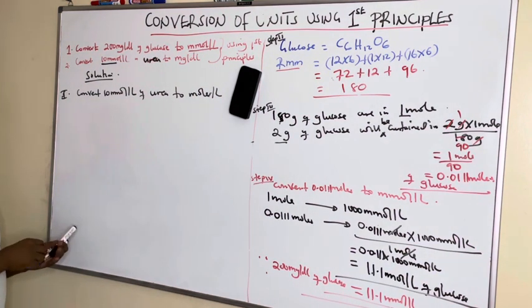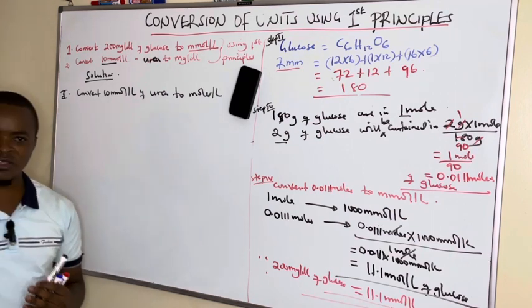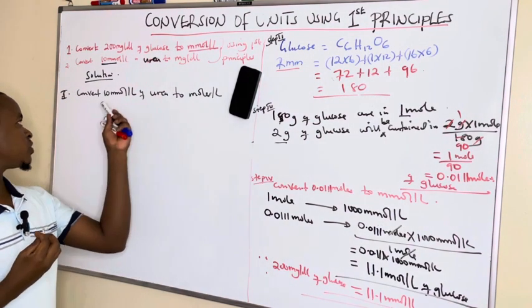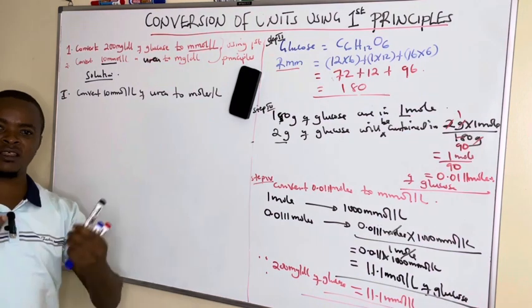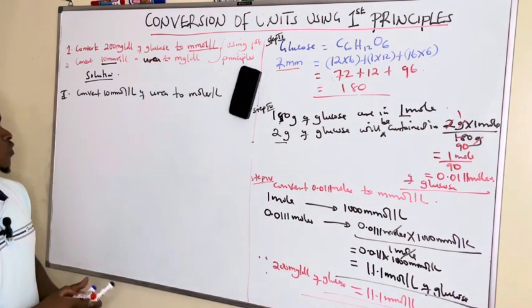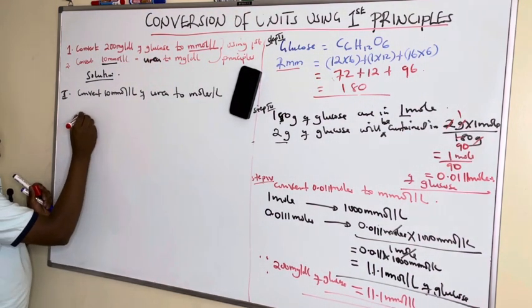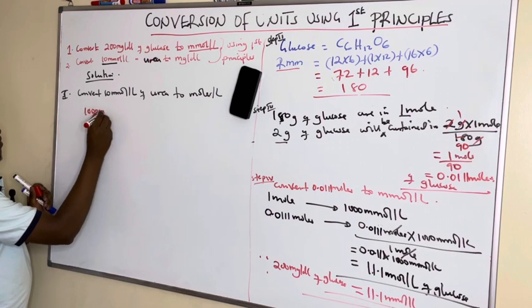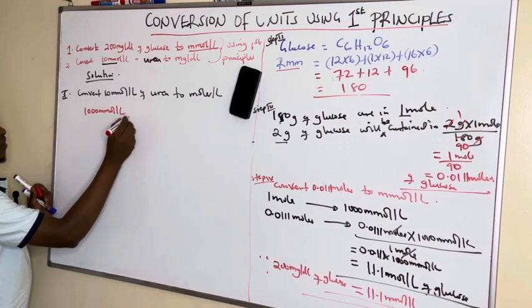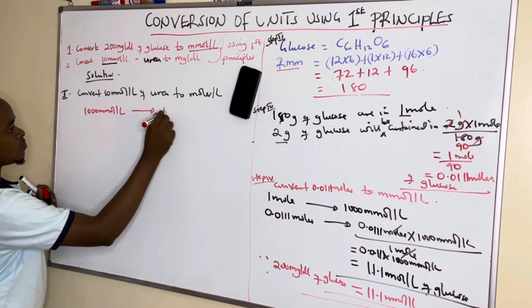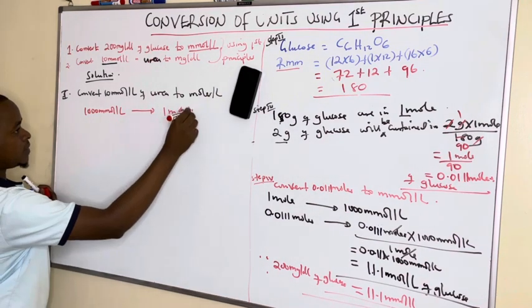And we know that since we always begin with what we have, don't begin with the moles when you have millimoles, to avoid bringing in X. So we know that 1,000 millimoles per liter is equivalent to 1 mole per liter.